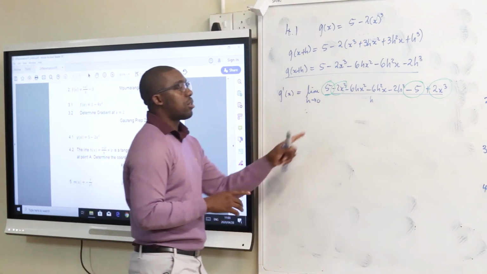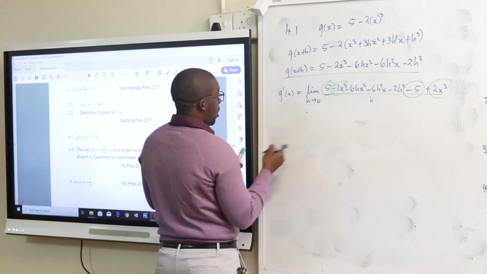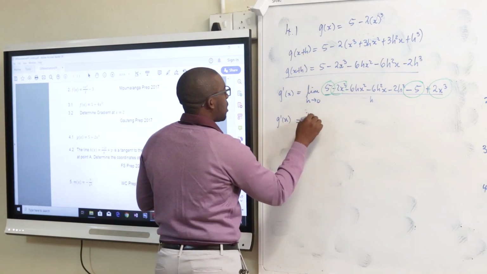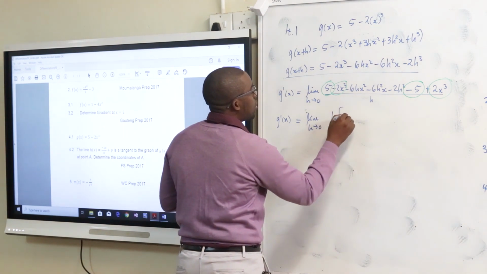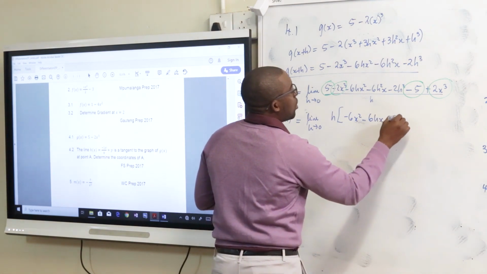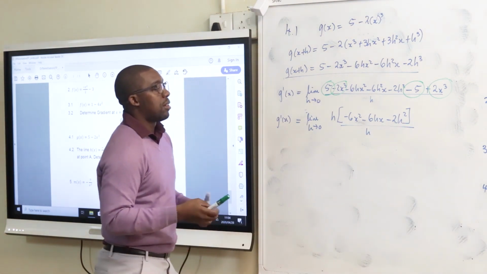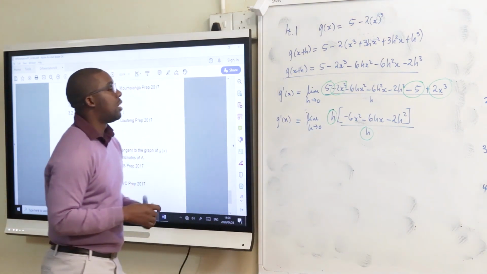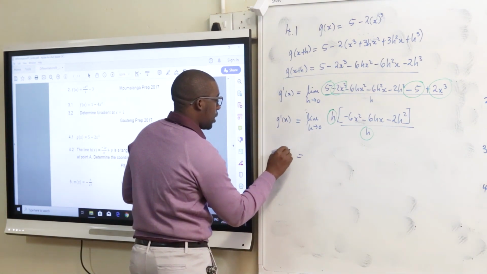Step number 3 says after you cancel out, factor out an h. This is g prime of x is equals to limit as h approaches 0. Factor out an h, that leaves minus 6x squared minus 6hx minus 2h squared all over h. Factor out and cancel h. That's step number 3.